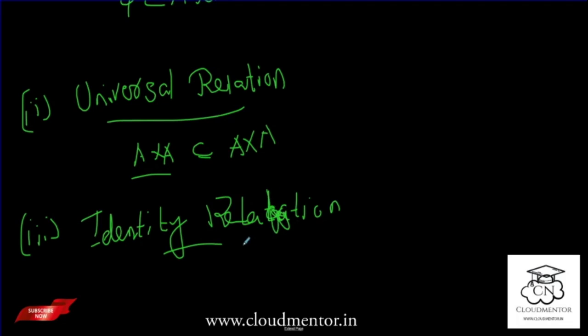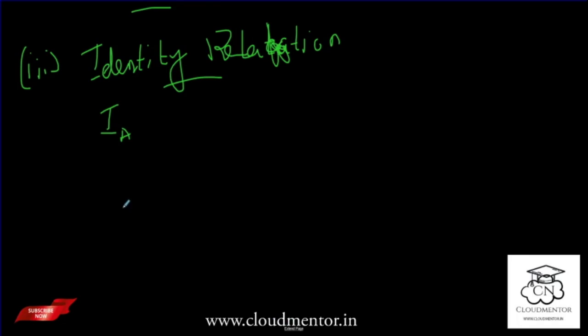The relation IA on set A is called an identity relation if every element of A is related to itself only.